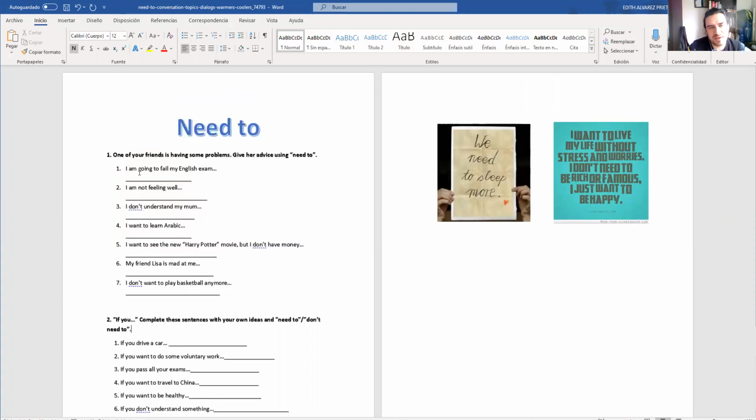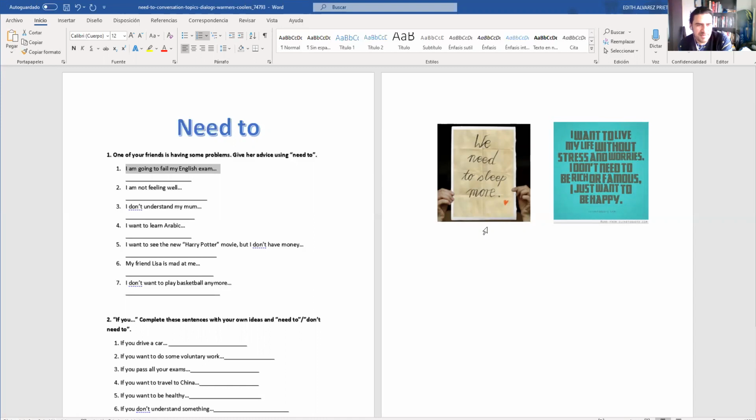So exercise 1, en el ejercicio 1 dice, one of your friends is having problems, give her advice using need to. Uno de tus amigos o amigas está teniendo algunos problemas, dale a ella algún consejo usando need to. ¿Listo? Entonces tienen como la oración inicial: I am going to fail my English exam.